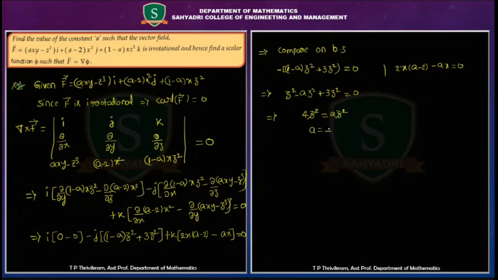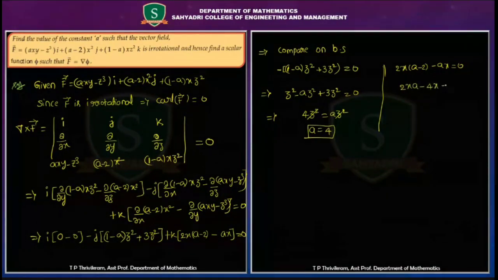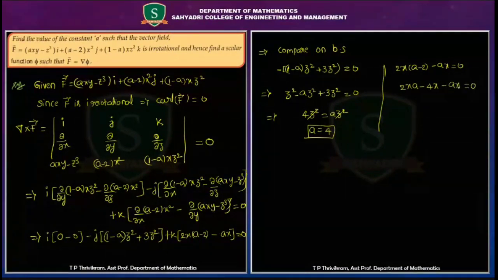You'll get A equal to 4. Similarly, here 2XA minus 4X minus AX is equal to 0, which implies 2AX minus AX, this is AX, is equal to 4X. X gets cancelled, again A equal to 4. Comparing any one equation is enough. You got the A value as 4.